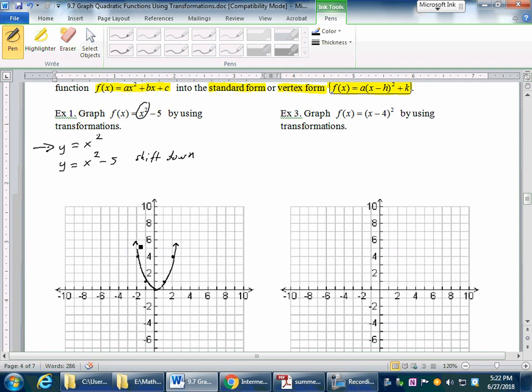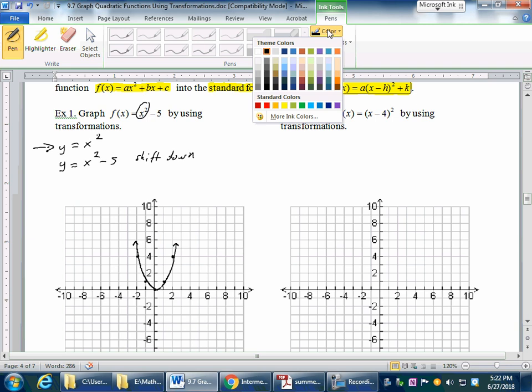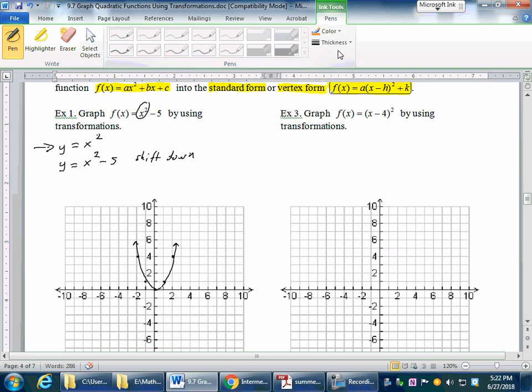Now we're going to do the transformations point by point. So we are shifting down the entire graph by 5 units. So the first point, if you shift down 5 units, will become right here.